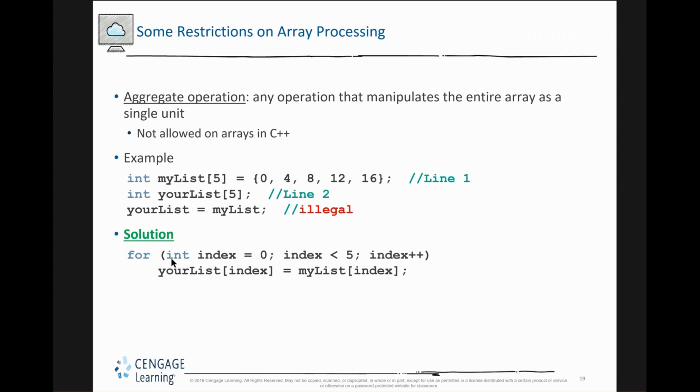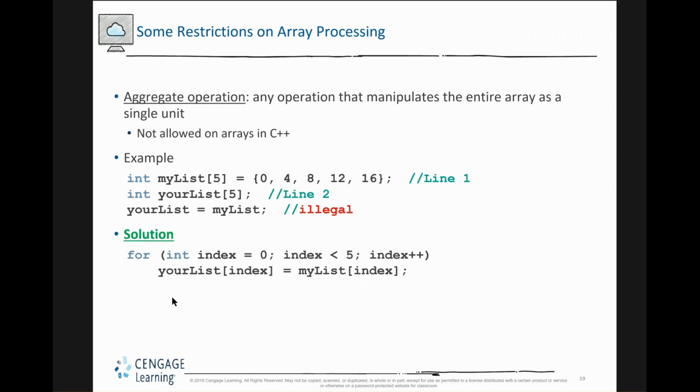So we would say integer index equals 0, so we're starting at 0. And then as long as index is less than 5, and we add 1 each time we go through the loop. The first time through the loop, your list 0 equals my list 0. So it would copy whatever I have, this 0, over to your list, and it would be in position your list 0.